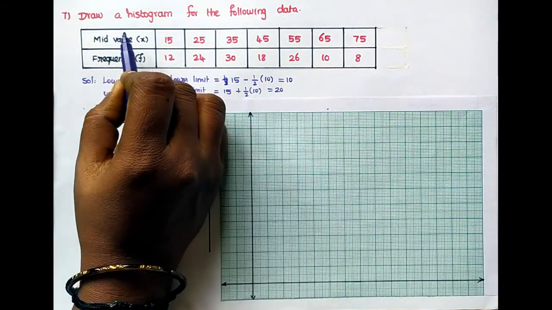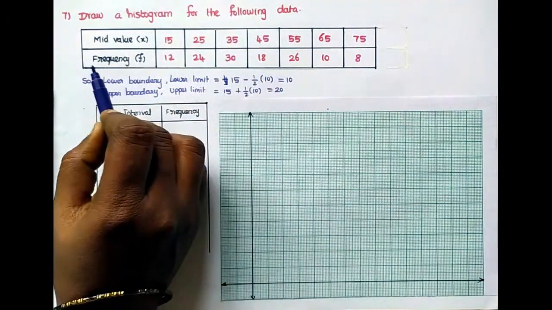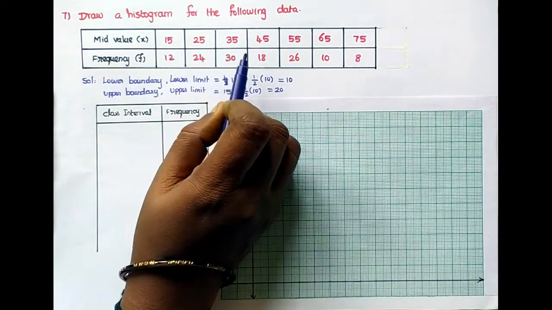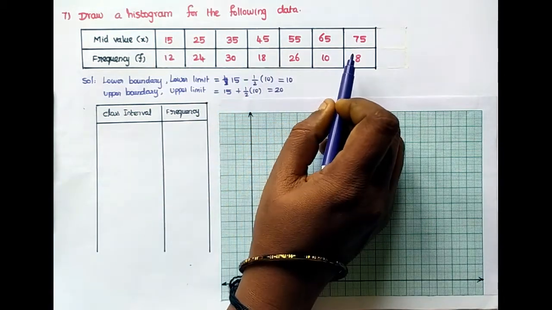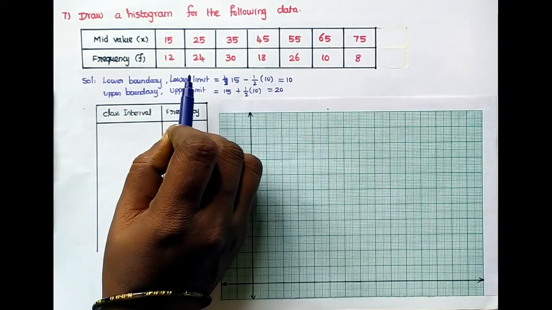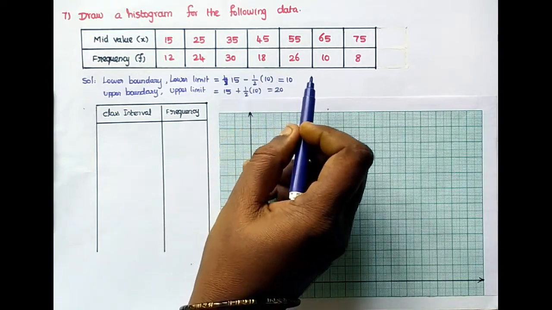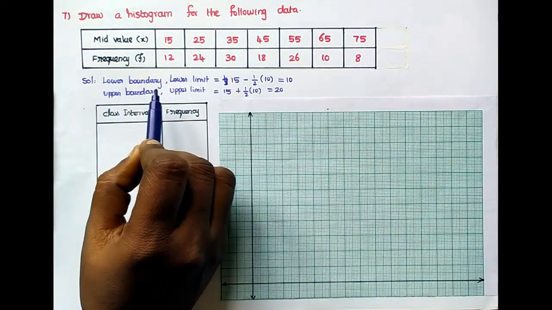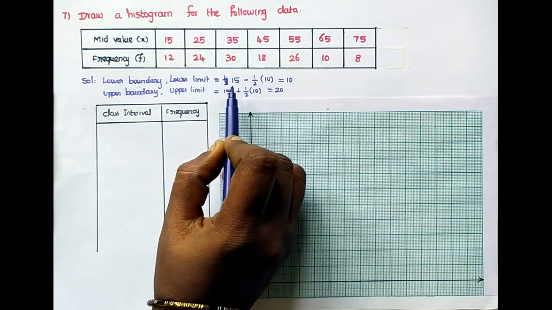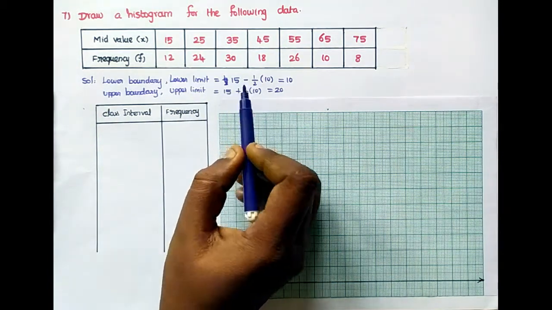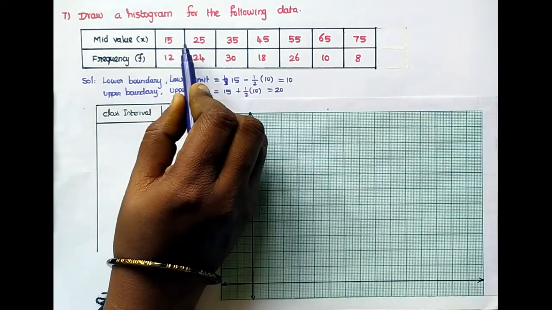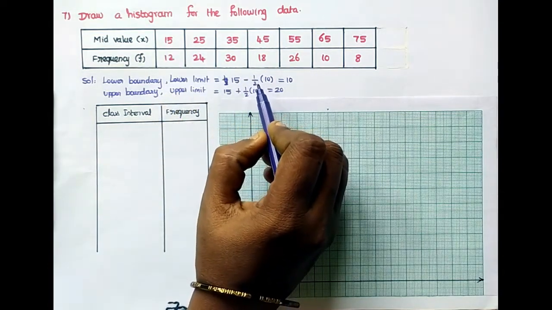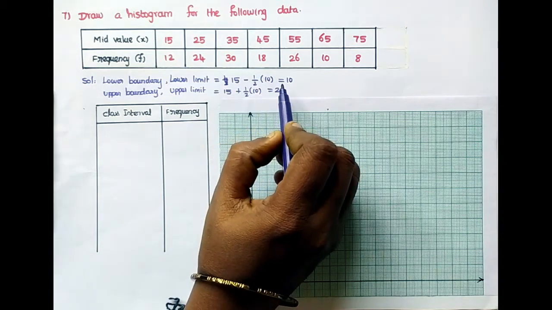Seventh sum: draw a histogram for the following data. They have given the mid values 15, 25, 35, 45, 55, 65, 75. Frequency 12, 24, 30, 18, 26, 10, 8. First one, lower boundary. Lower limit equal to 15 minus half of the difference between the class intervals. 15, 25, 10. So half of 10 is 5. 15 minus 5, 10.